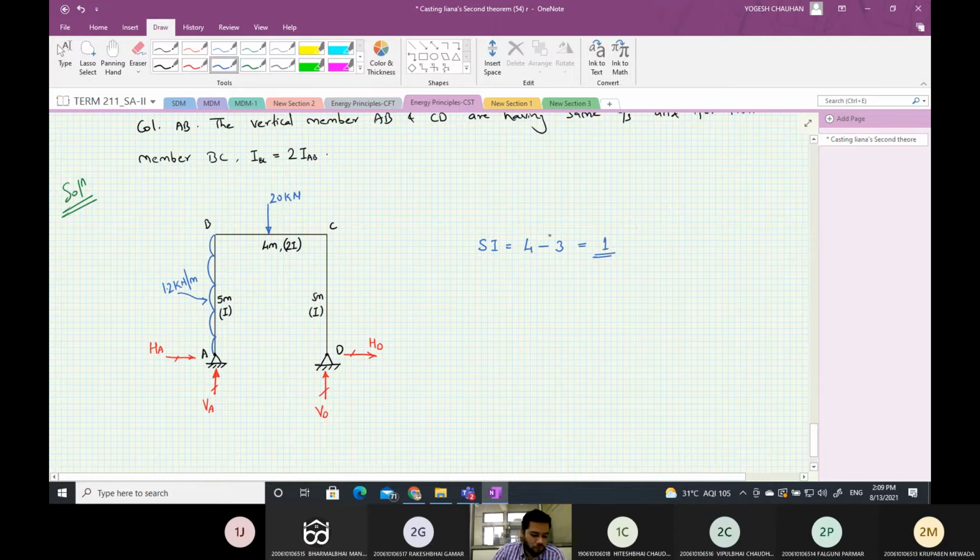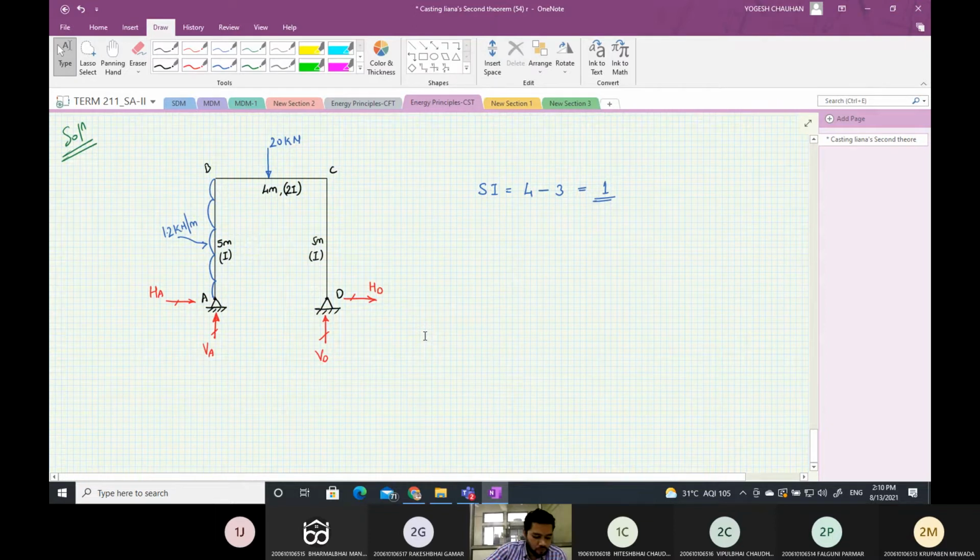So what we can do, we can assume any one of these as redundant and apply the Castigliano second theorem. So we can choose HA as redundant.